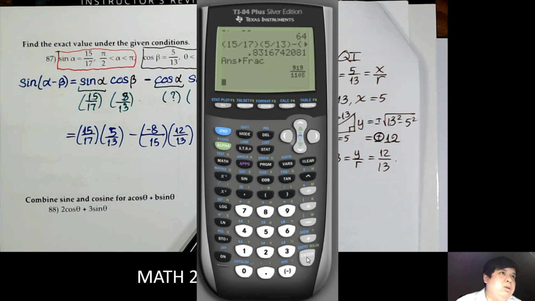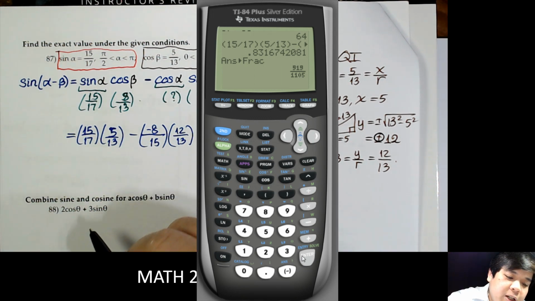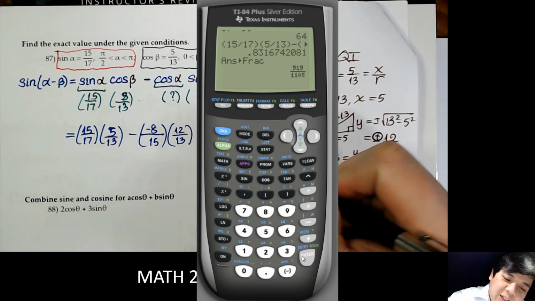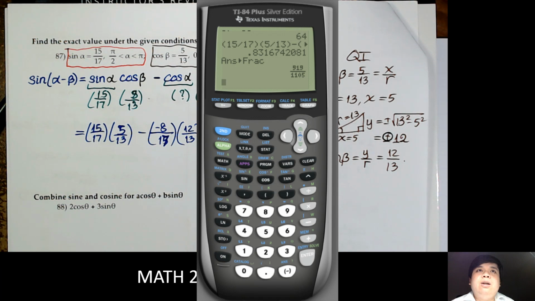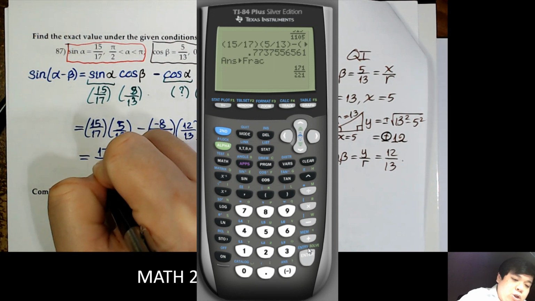We can convert this to a fraction. Wait a minute, this should be 17, sorry, because r is 17. Let me try that again, negative 8 over 17, and convert to a fraction. Right, 171 over 221.